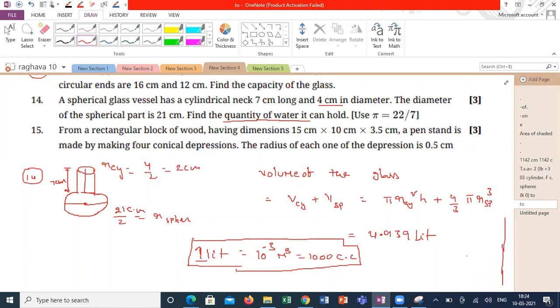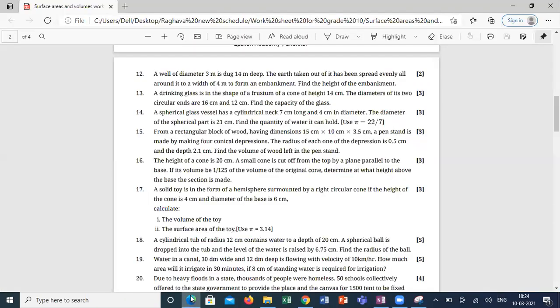From a rectangular block of wood having dimensions 15, 10, 3.5, a pen stand is made by making. It's a direct textbook question. Am I right? Yes, sir. Question is incomplete, sir.